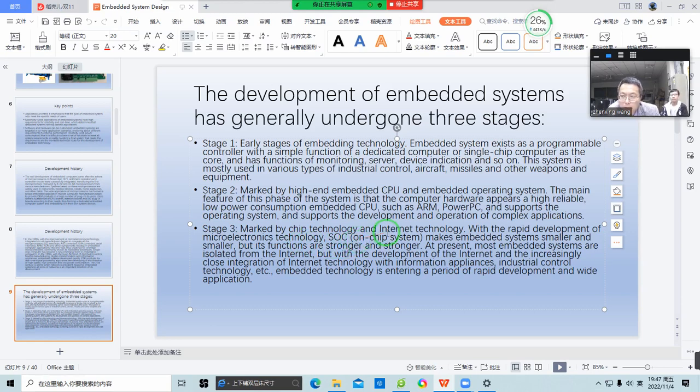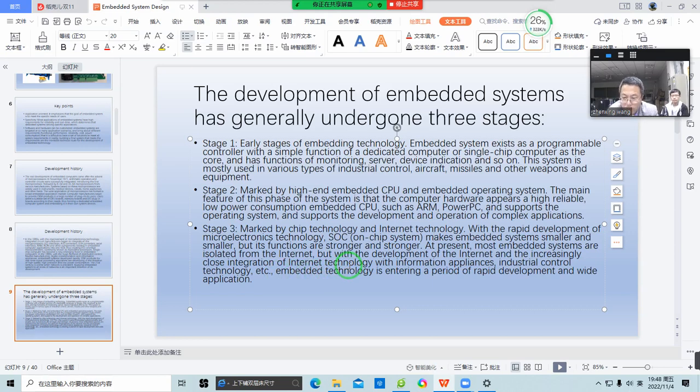Right now, most embedded systems are isolated from the internet, but with the development of the internet and the increasingly close integration of internet technology with information applications and industry control technology, embedded technology is entering a period of rapid development and wider application.